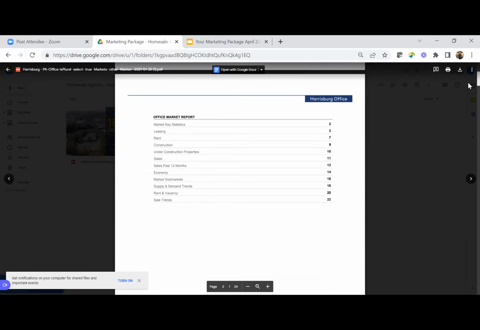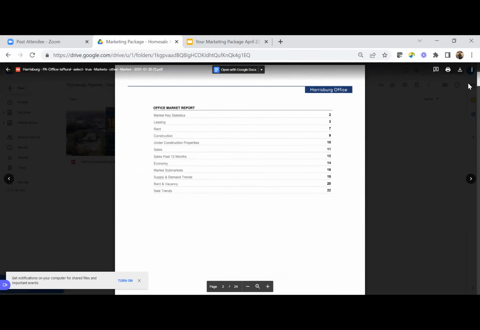Here's a table of contents: statistics, leasing, rent, construction, under construction, sales for the past 12 months, economy, markets, submarkets, supply and demand trends, rent and vacancy, sale trends.